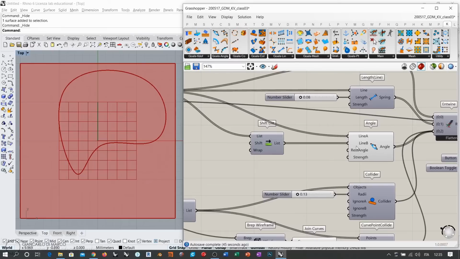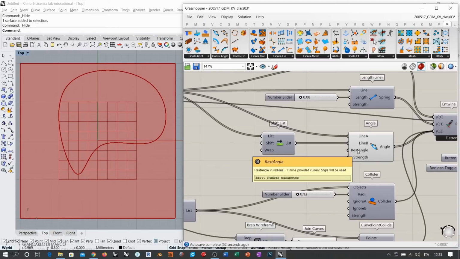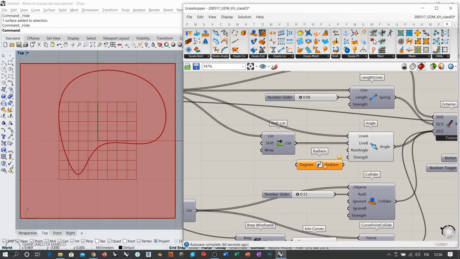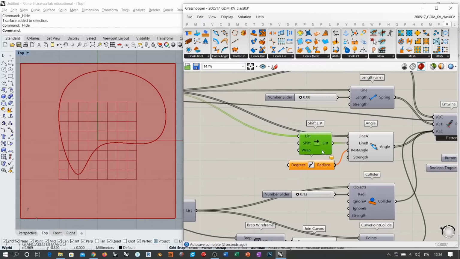Rest angle, as most of all the angles in Grasshopper, is measured in radians. The problem is that in this case, this component doesn't allow automatic conversion to radians or to degrees, so you must use a radians component. And now we can set the angle in degrees.